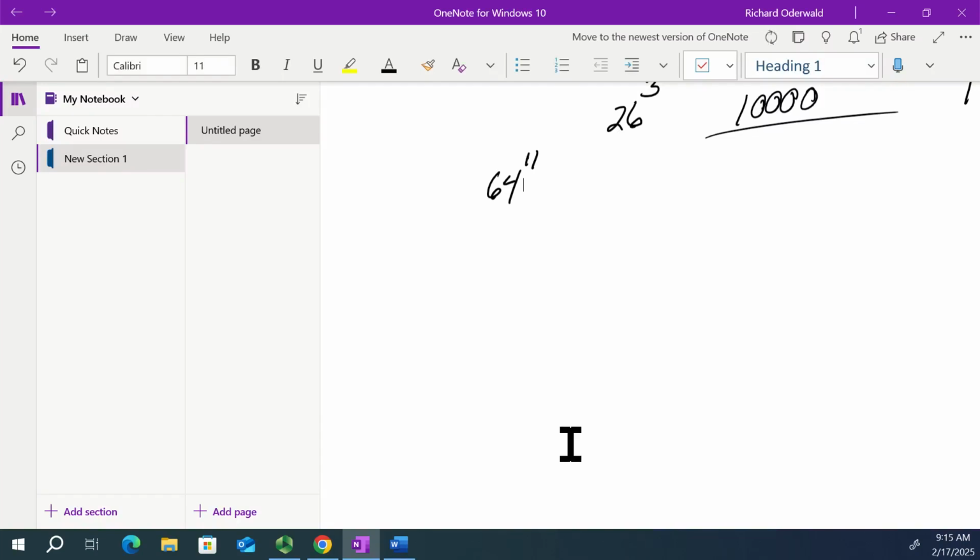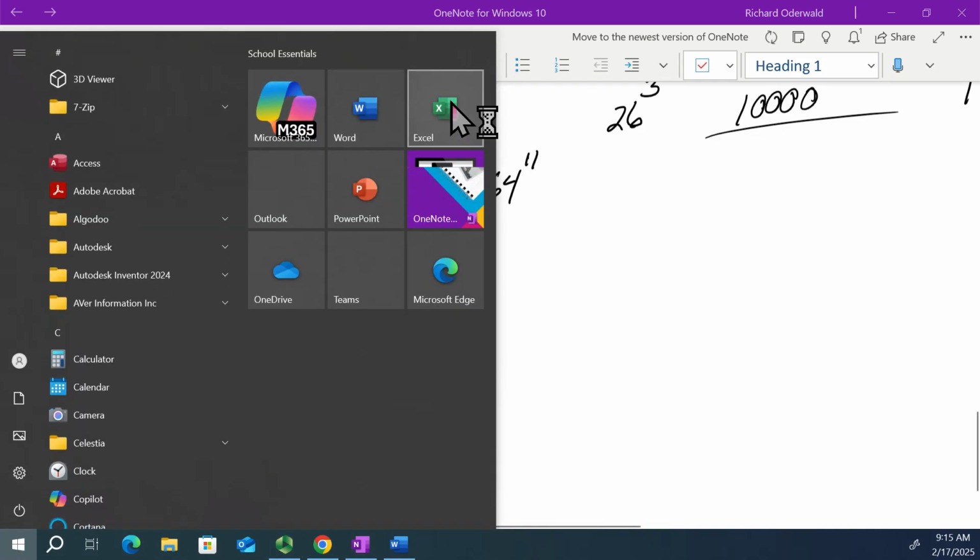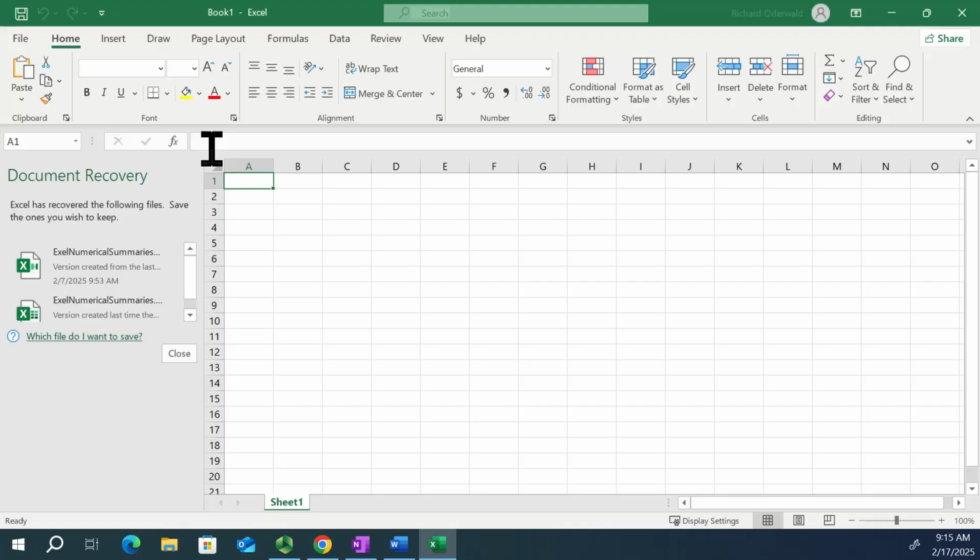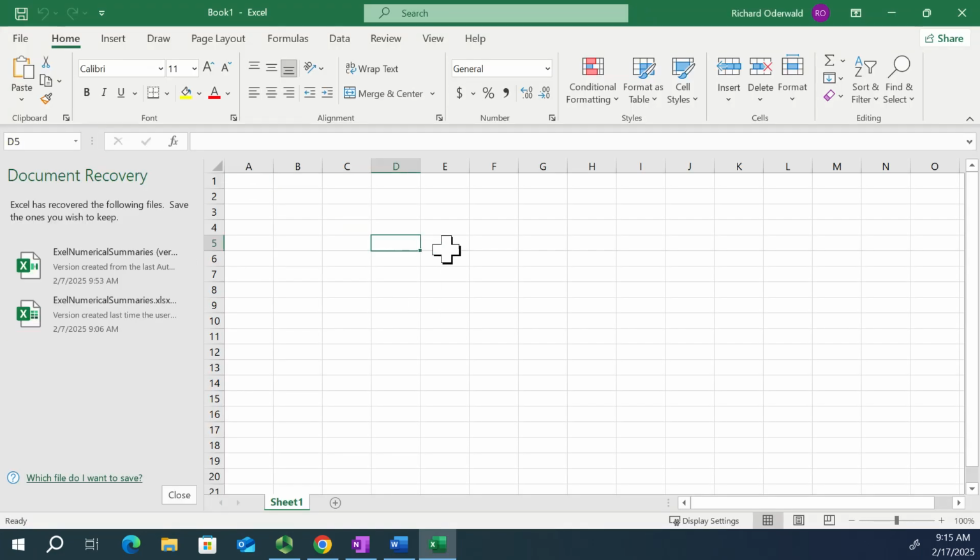When you put it in Excel, this is 64, and you put in a caret. It's above the 6, to the 11th power.